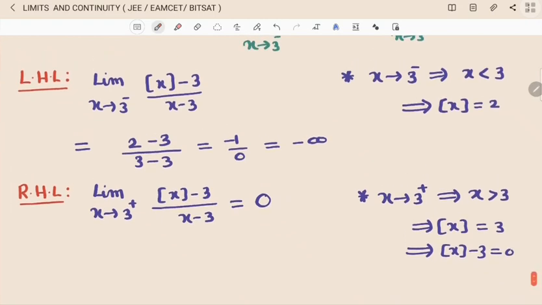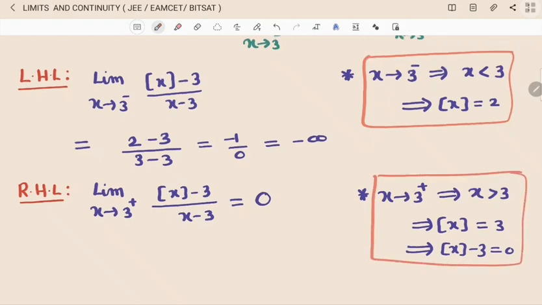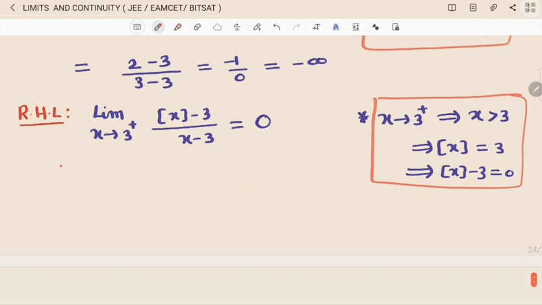And here this is the important step. Therefore, conclusion: LHL is not equal to RHL.